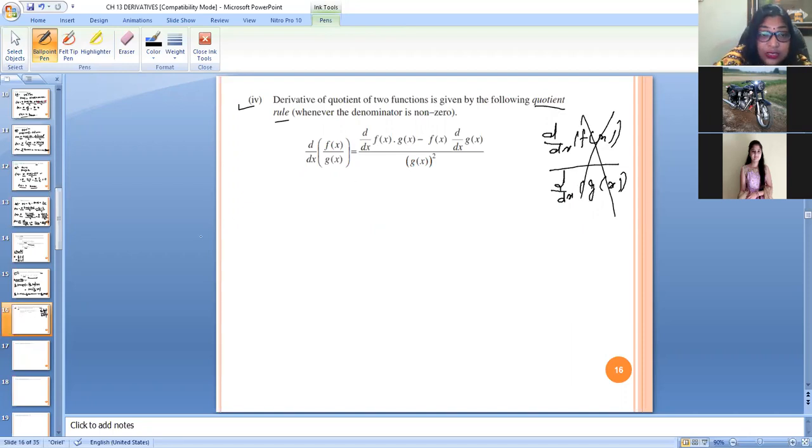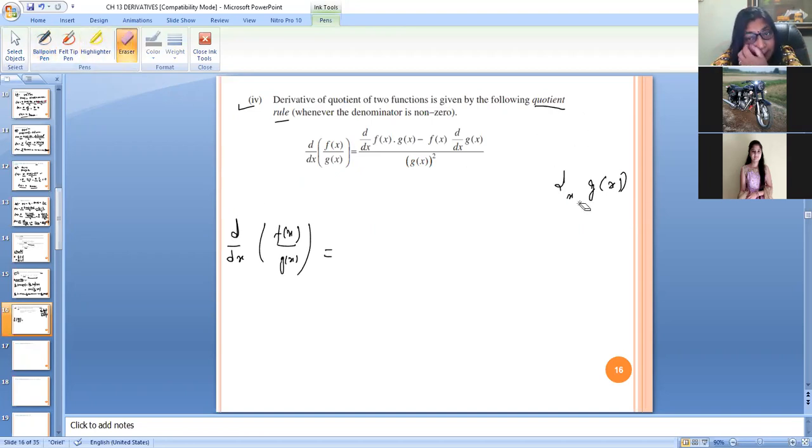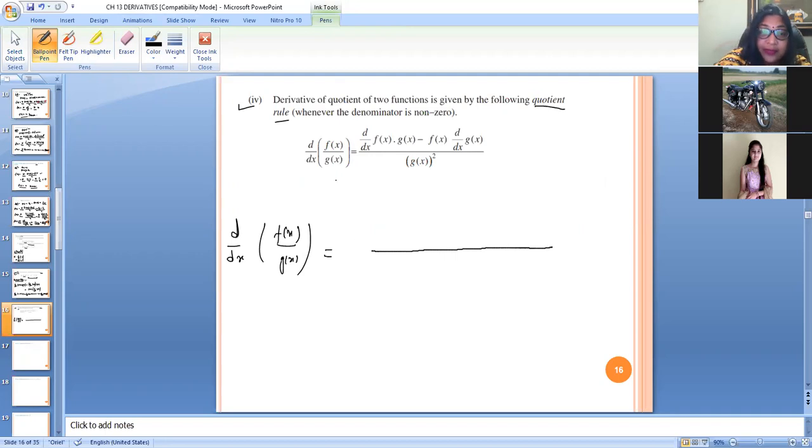I'm taking f(x) upon g(x), and it is equal to: first we write the denominator term. In the denominator we have g(x). Whatever term is in the denominator, you take the square of that. g(x) is there, take its square.